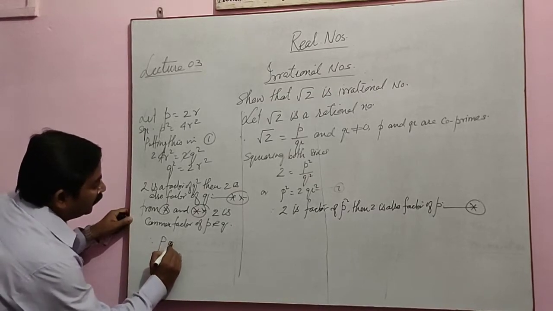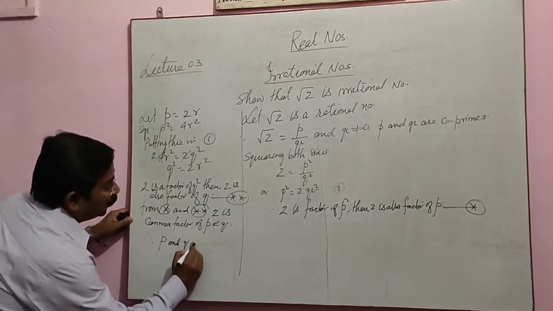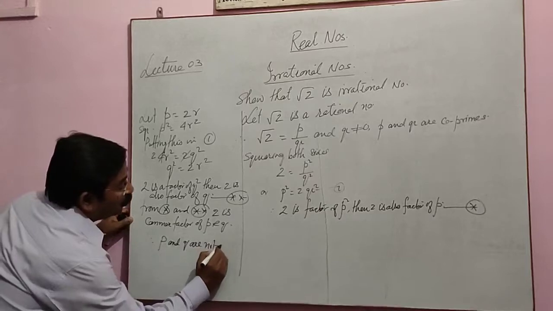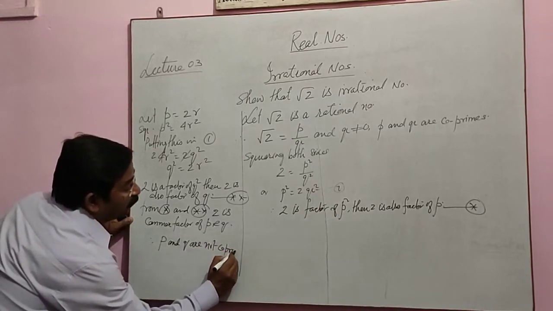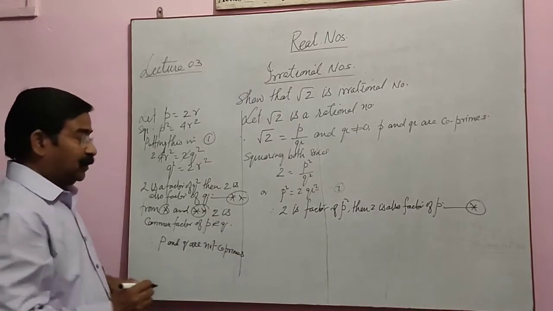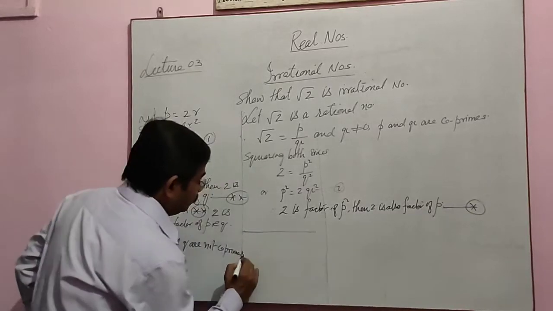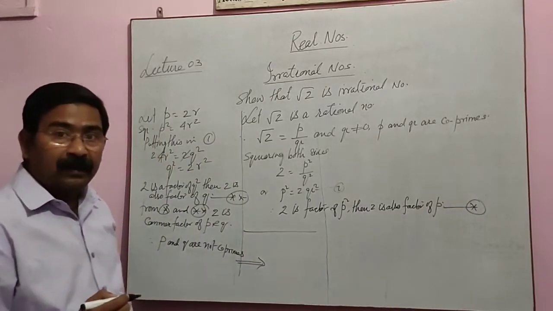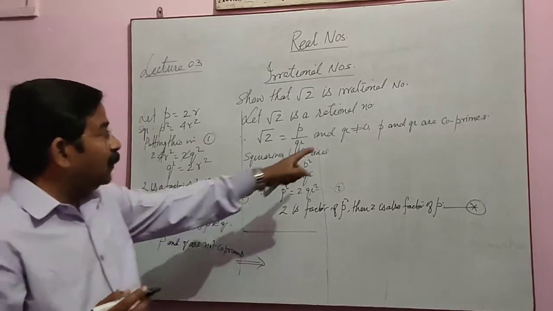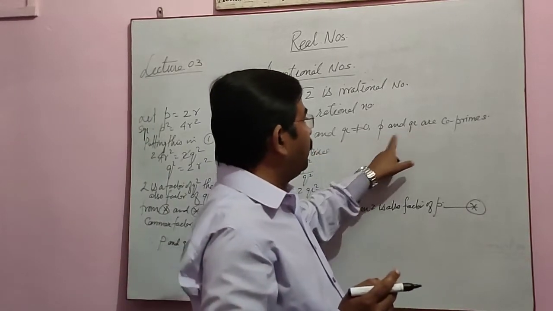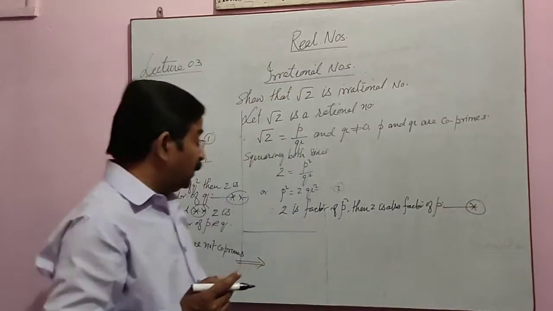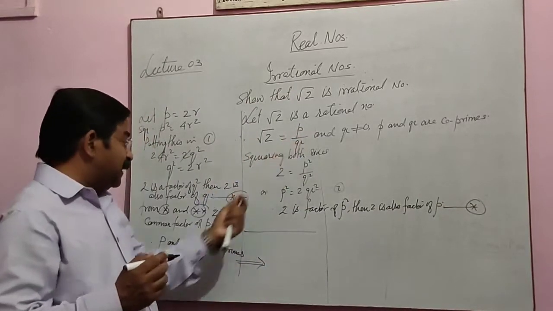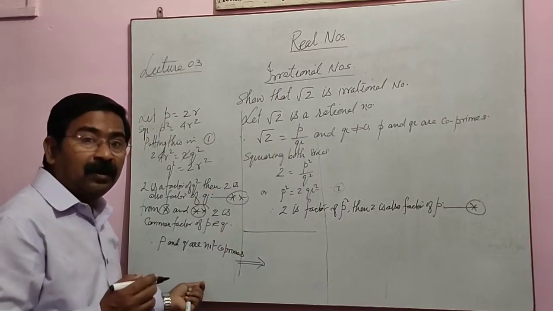Therefore p and q are not co-primes. So what we have observed? We had assumed that p and q are co-primes. Therefore, this statement is opposed.